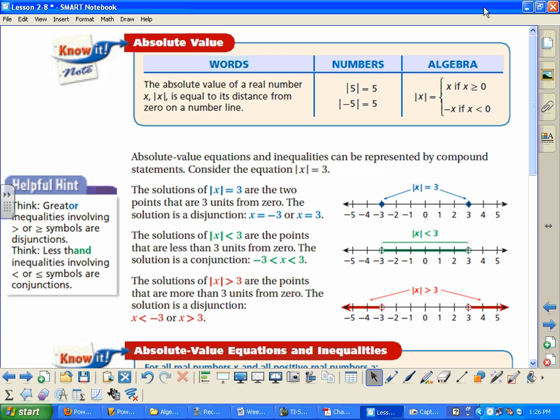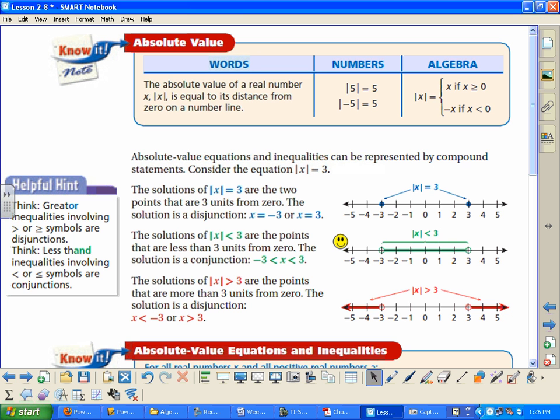So here they show, right, absolute value of x equals 3. So it could be -3 or +3. If the absolute value of x is less than 3, that would be all the numbers from -3 to 3.